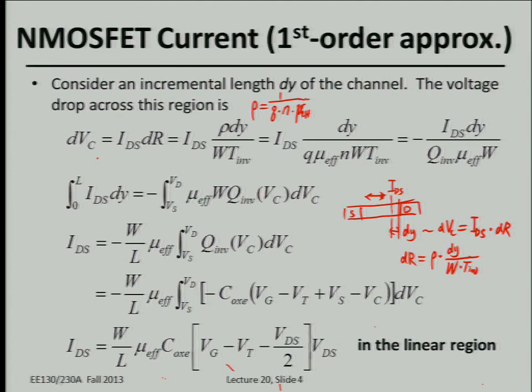Pay attention here that the quantity N has units of number per volume, per cubic centimeter. So that's what we get: proportional to ID times dy divided by the long expression.